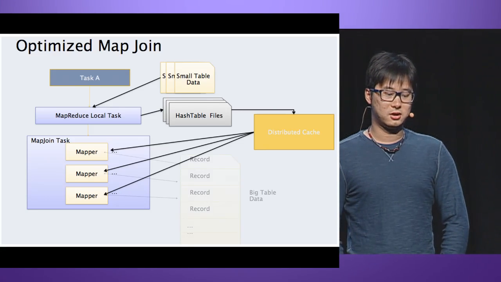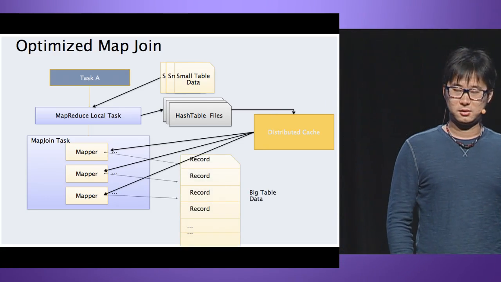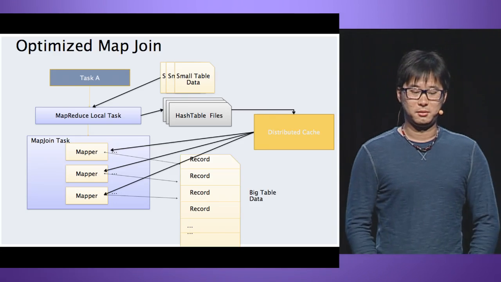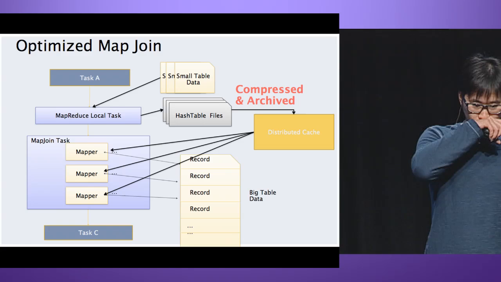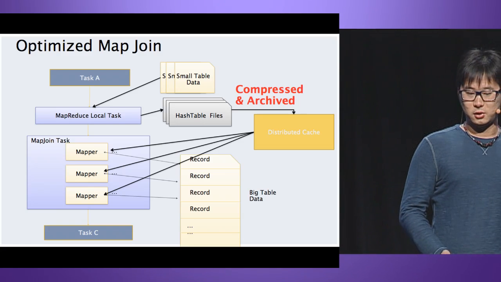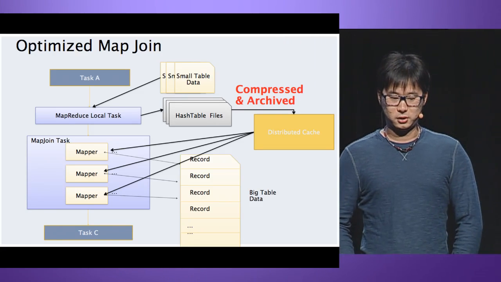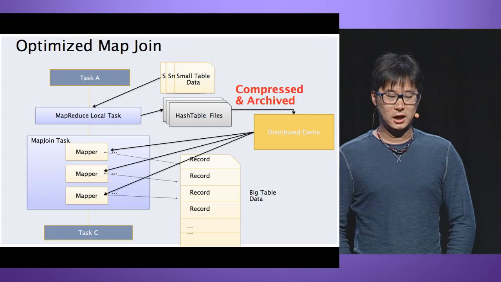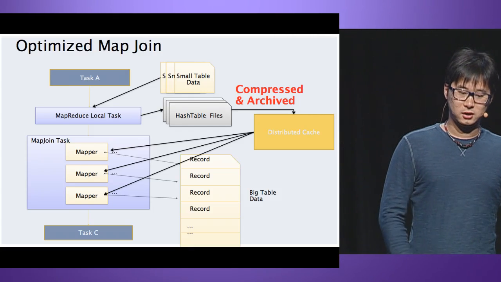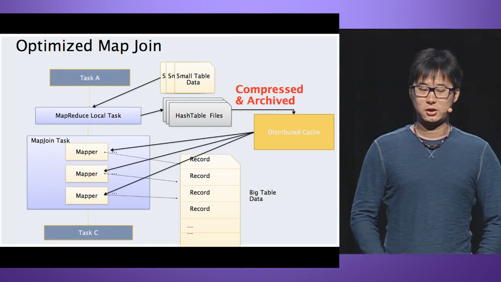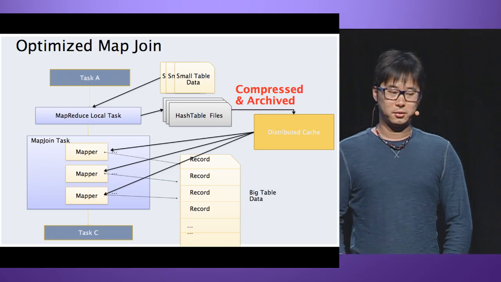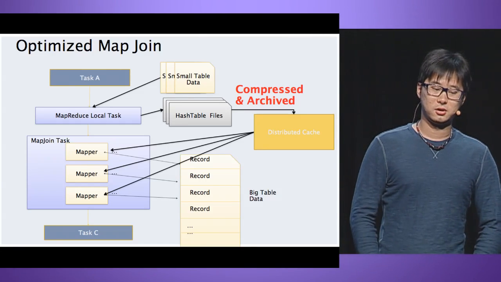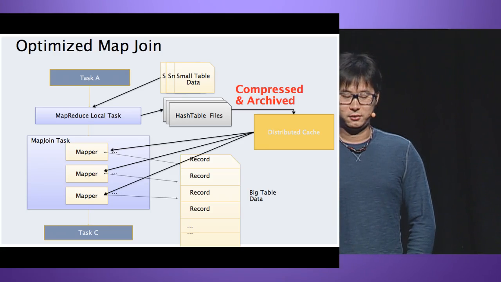Each mapper can just read this data, load the small table's data into memory, and do the map join as before. What we save is that the small table's data will not be the performance bottleneck, because mappers get it from the distributed cache, and we can tune the replication number of this distributed cache so we can populate as much as possible. So most mappers just read data from the local disk.